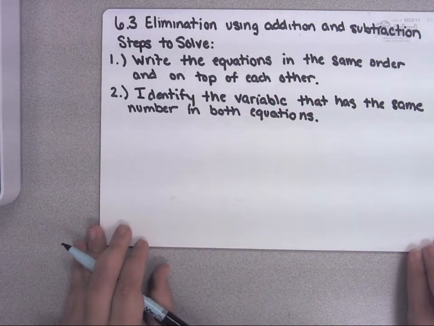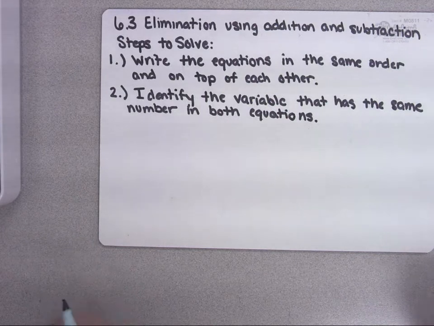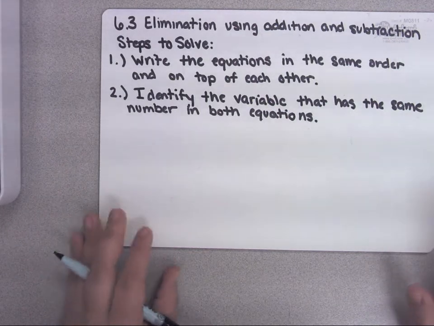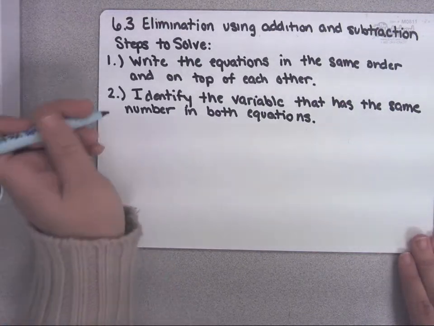So that means either the x or the y will say like 2x and 2x or 3y and 3y in both equations. One of them will have repeating numbers. Okay, same exact thing in both equations, okay?